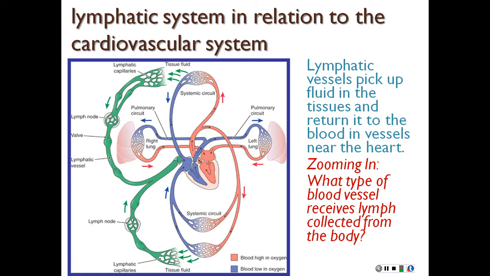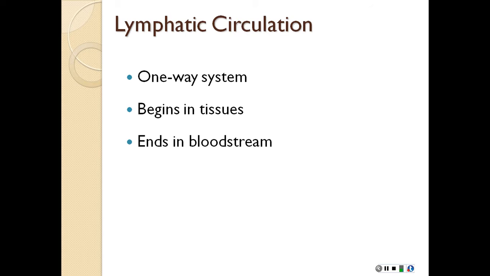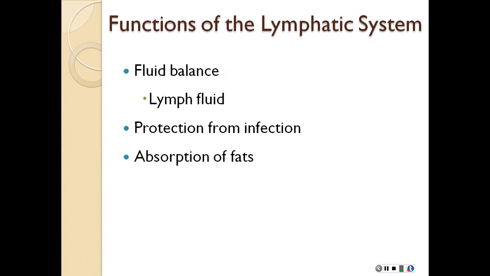And sometimes it takes help with medication because you may have the bacteria outnumbering the number of immune system cells. Okay, so that's kind of the gist of what's going on here in a nutshell. So that's the infection part. So what were the functions again? Fluid balance, so y'all have that, protection, and then absorption of fats.